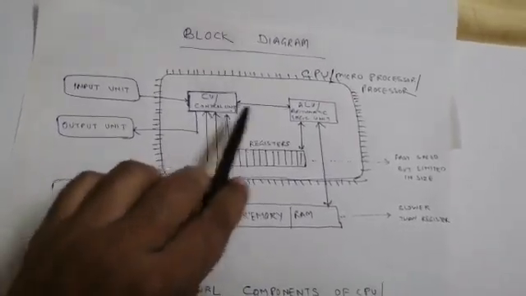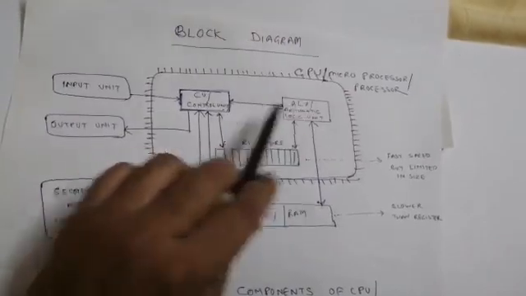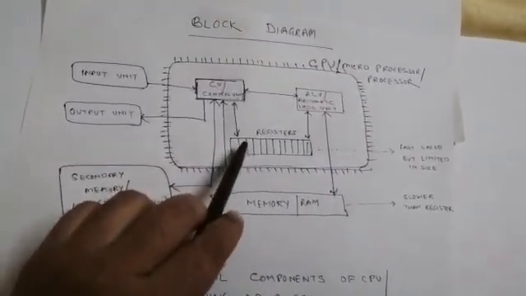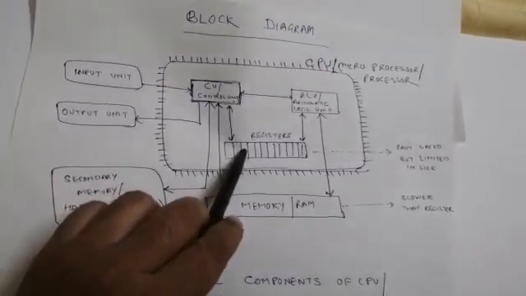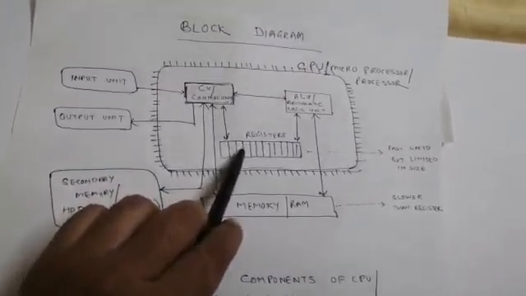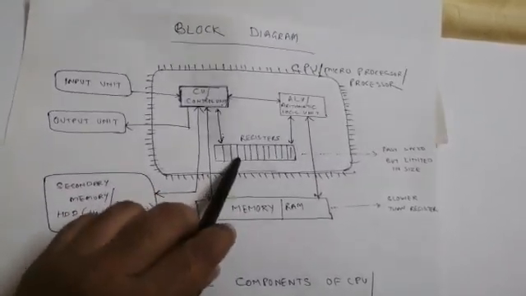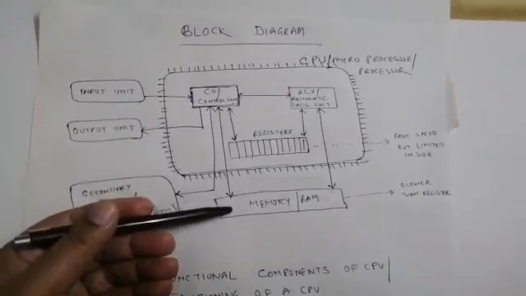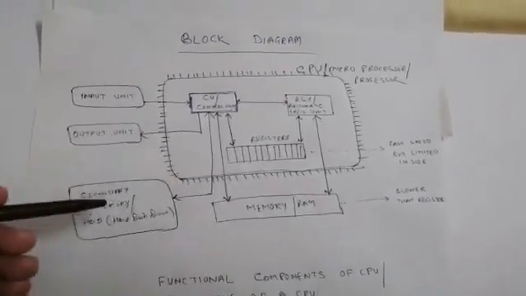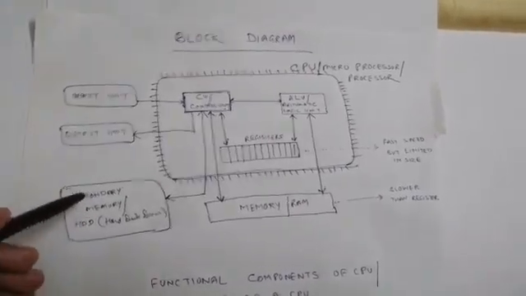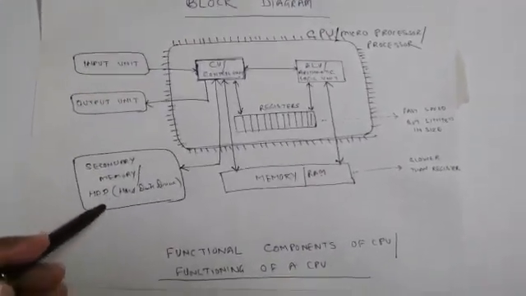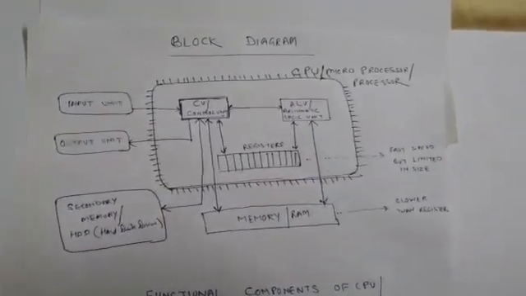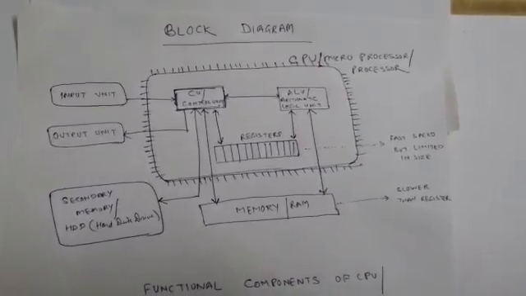So whether to give it to ALU for further processing, or store it in a register, which stores instructions which are going to be executed, or to store it in memory, RAM, or secondary storage memory, secondary storing device meaning hard disk drive, or to give it to the output unit to display the result.